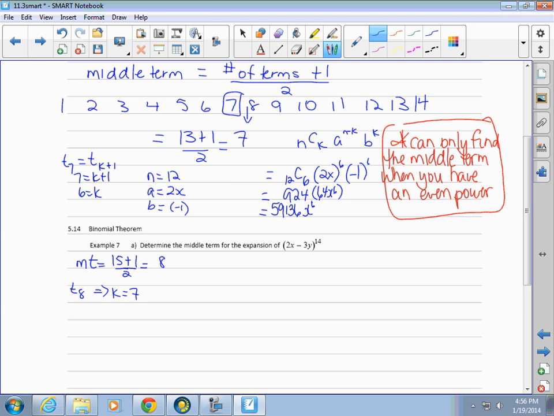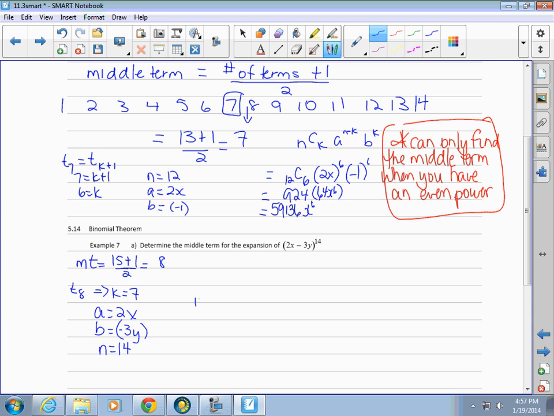So then using my expansion here, my a is equal to 2x, my b is equal to negative 3y, and my n is equal to 14.